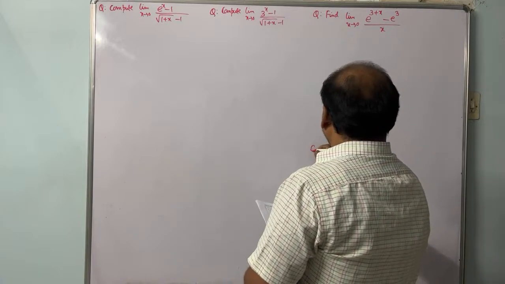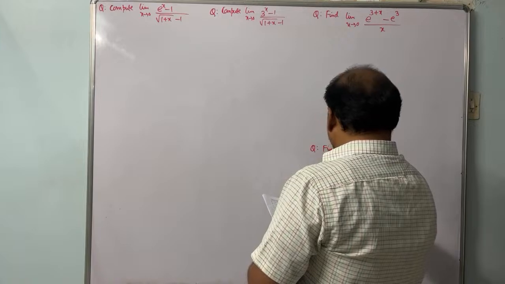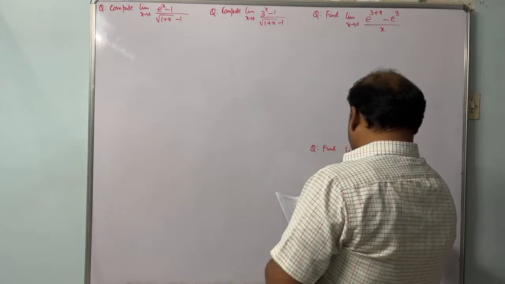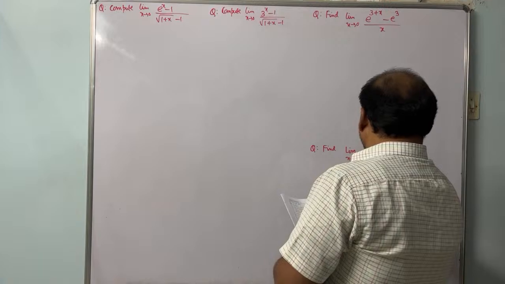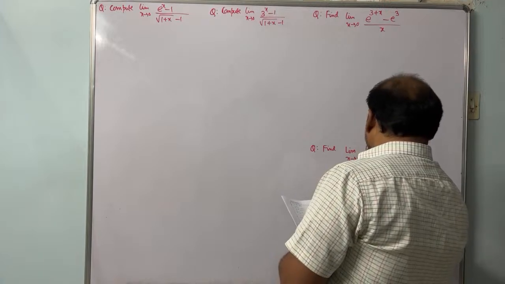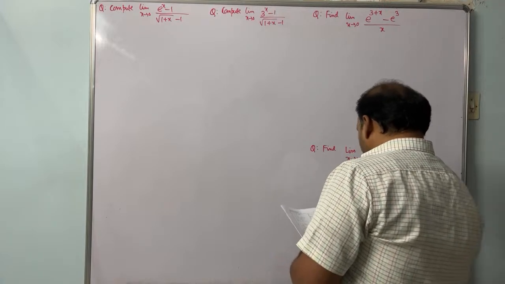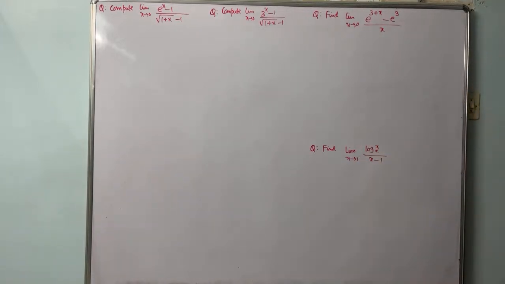And here find limit x tends to 1, log x to the base e by x minus 1 value. Okay, after that we will enter into another set of questions.